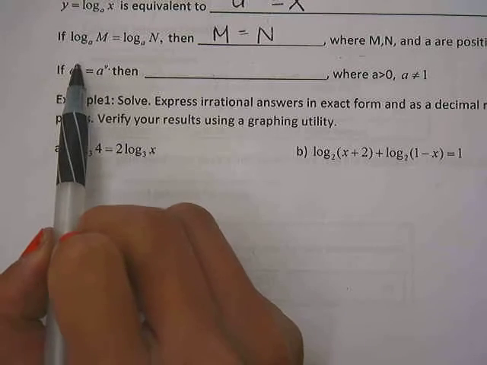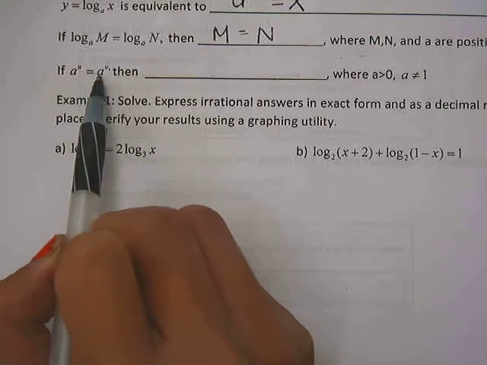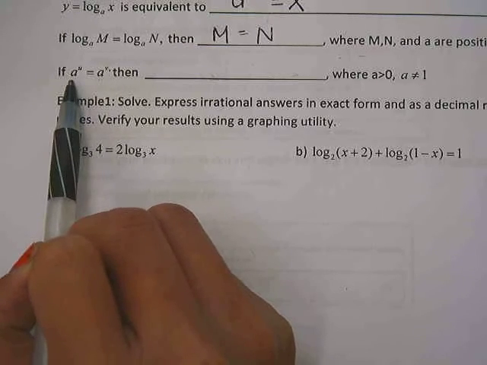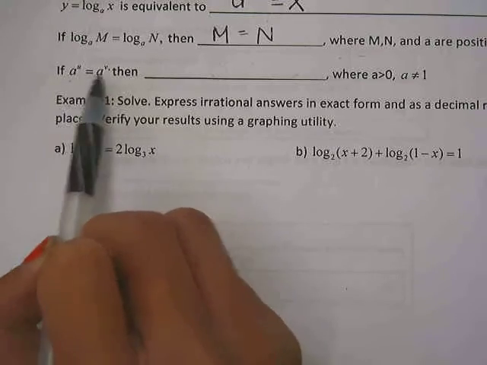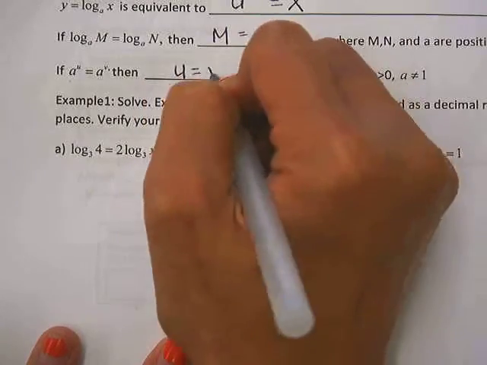If a to the u is equal to a to the v, just like what we have already studied, the exponential function is one-to-one, so we can drop the bases. Hence, u must be identical to v.